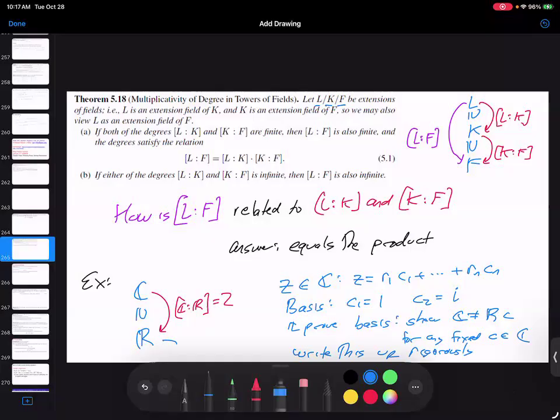Now, can somebody give me a field that the real numbers contain? So we've already seen this field today. The rationals? The rationals. And then you could ask, what is the extension of the reals over the rationals? And that turns out to be infinite.